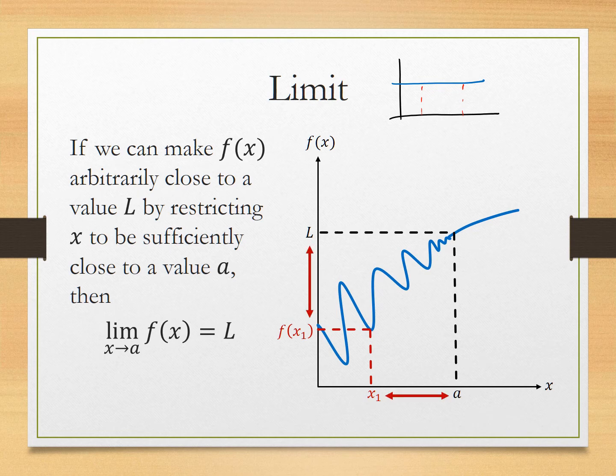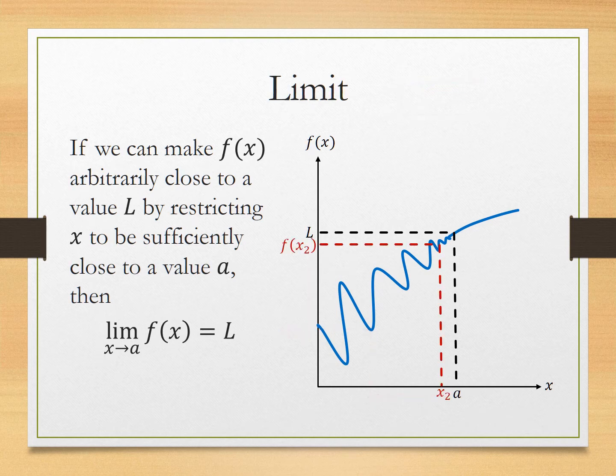What if you pick another point that is closer to a? x2. x2 is very close to a, and as a result, the function also takes on a value very close to L. So that sounds intuitively right. That should be the case.